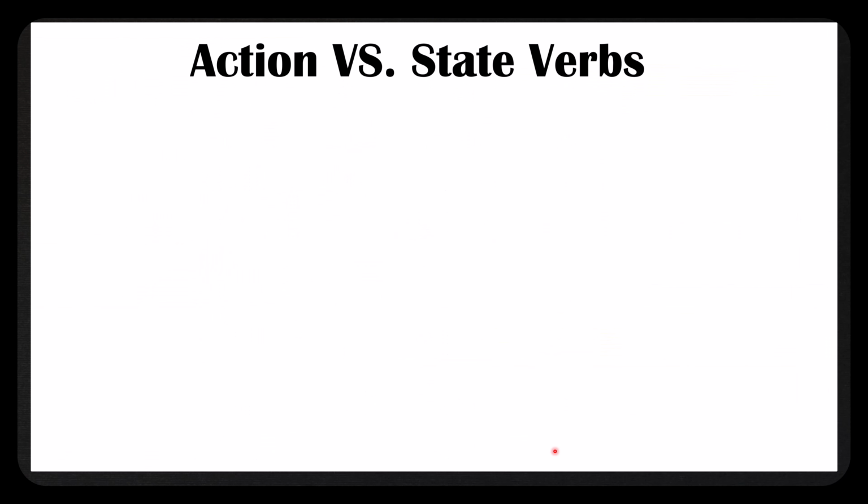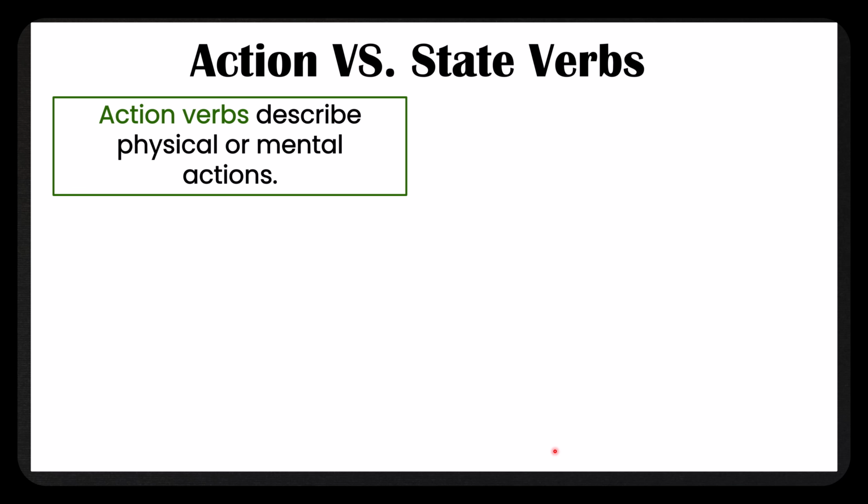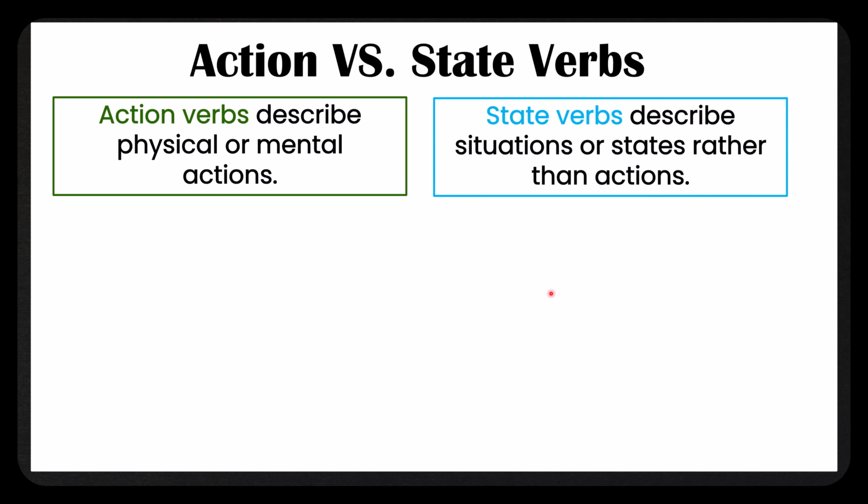And let's briefly talk about action verbs versus state verbs. Action verbs describe physical or mental actions, and state verbs describe situations or states rather than actions. Let's look at some examples. Bethany runs every morning. Runs is an action verb.